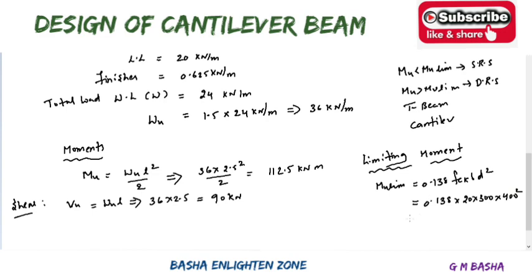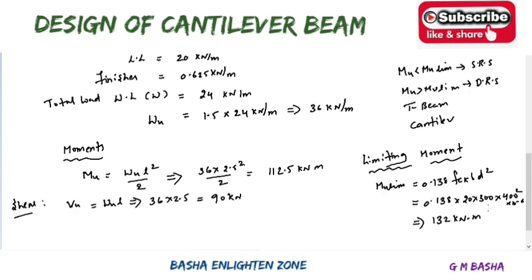Take all the values in terms of meter. In Newton per mm square, you will get 10 to the power of minus 6. If I take all values in terms of kilonewton meter, it is because 20 kilonewton per meter, 20 into 10 to the power of 3, and 300 mm converted to meter.